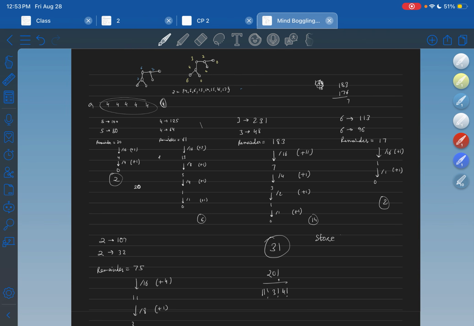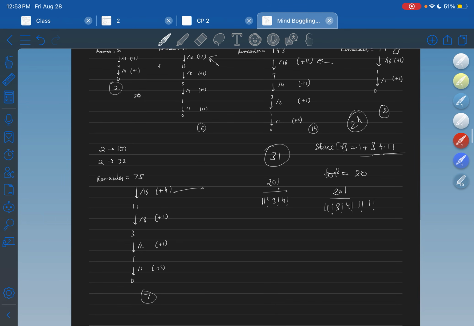You can make some array to store, and like you can store for 4 it will be 1, plus then here it's 3, plus here will be 11, and so on. So the total comes out to be, for example, for the 2 to the power 4 case, 20. And individually you can also store all these numbers. The number of permutations will of course be 20 factorial divided by 11 factorial, 3 factorial, 4 factorial, 1 factorial, 1 factorial, and so on. Answer, you just have to multiply and you're done.